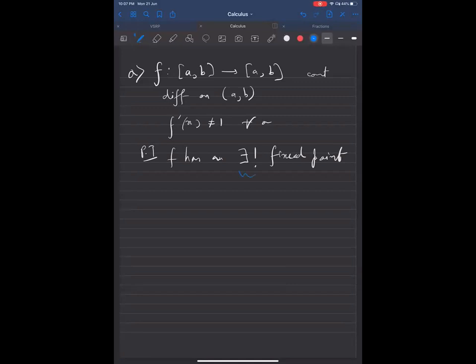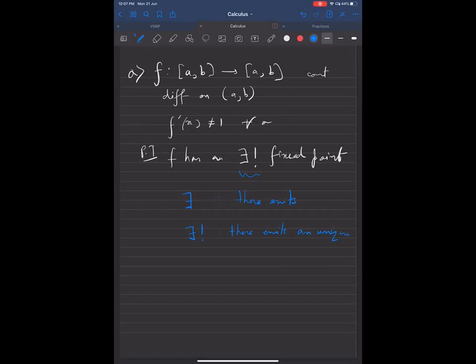What does this notation mean? This means there exists, and this means there exists unique. There exists a unique whatever. Like there is a unique existence of such a fixed point.